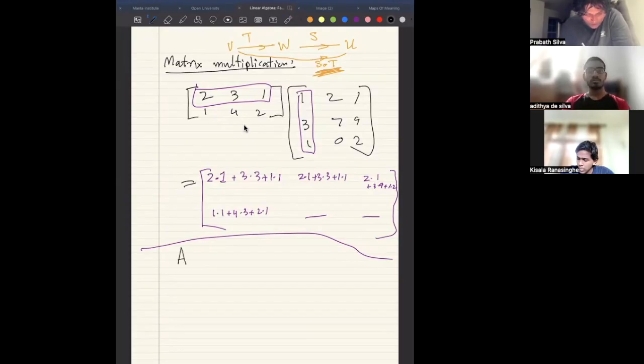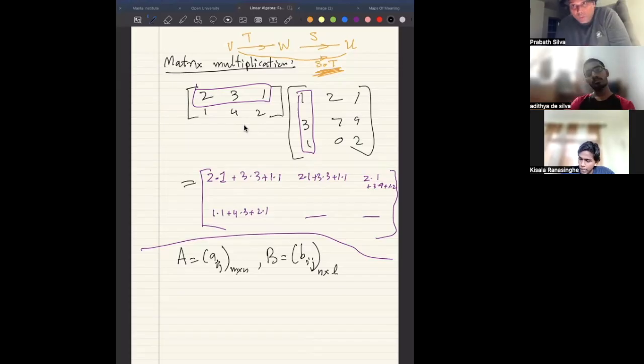We have matrix A, let's say this is A_ij, m by n, and then matrix B, B_ij, n by l.